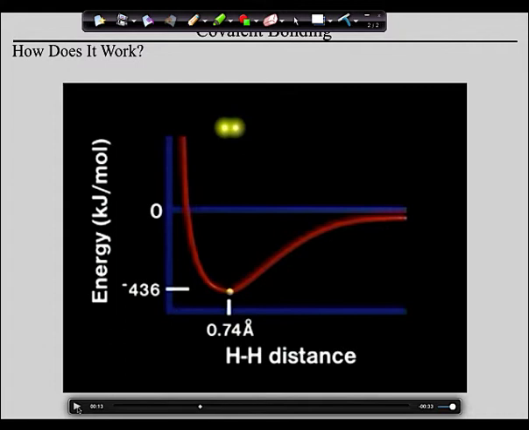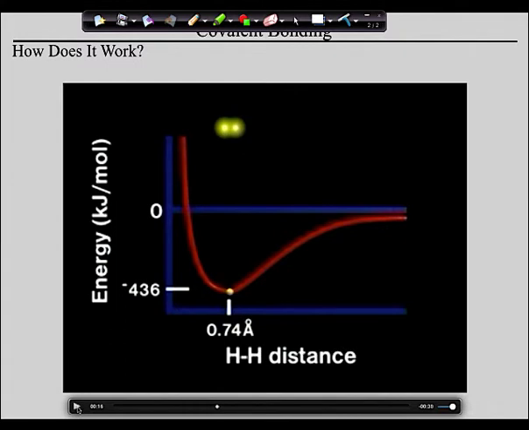We're becoming stable, we're filling those 1s orbitals, right? Because when they're by themselves, each hydrogen has one electron in its 1s orbital. As they come together, now they're sharing, and they both now have that second electron as a result of sharing in their 1s orbital. That is a more stable structure, a lower energy structure. So they then reach that lower energy state, and covalent bond formation occurs.